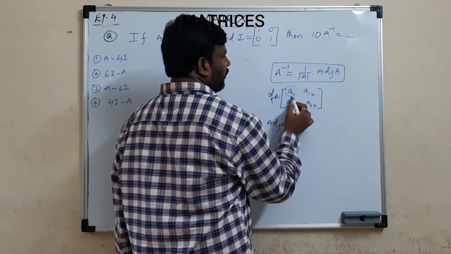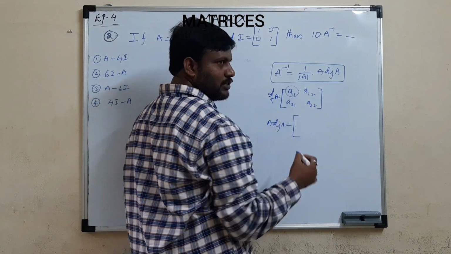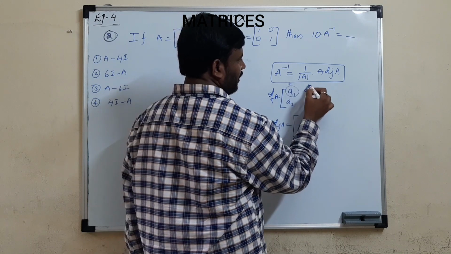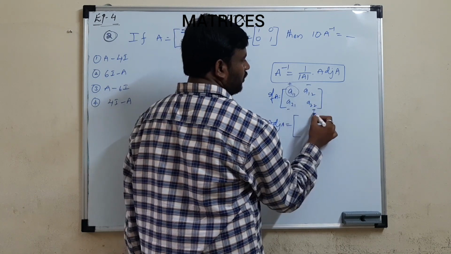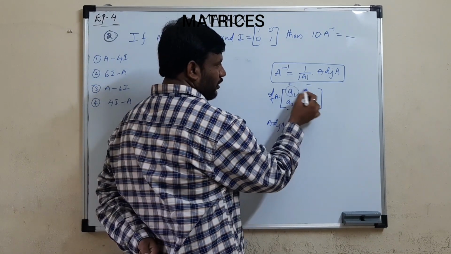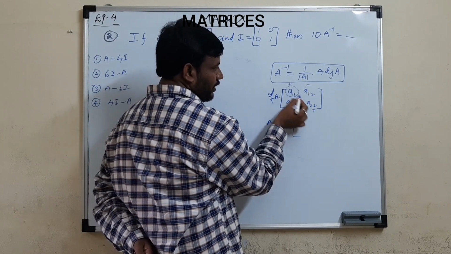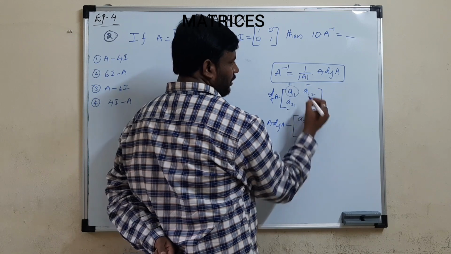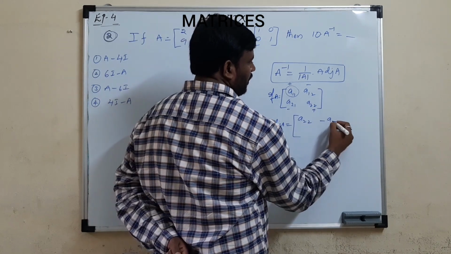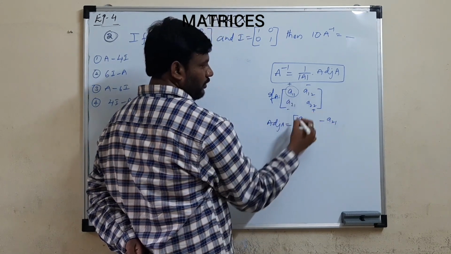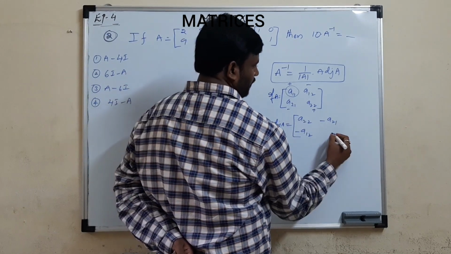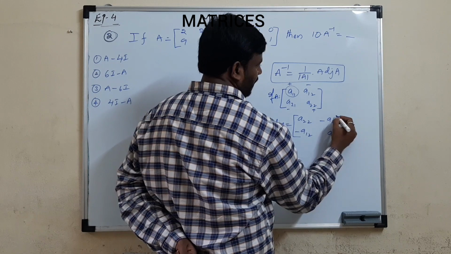So what is the cofactor of A11? The position is 1, 1, and 1 plus 1 is 2, an even number. So here you get plus, here minus, here minus, here plus. You leave out this row and this column, so the cofactor becomes A22. Then this one is minus A21, this one is minus A12, and this one is A11.